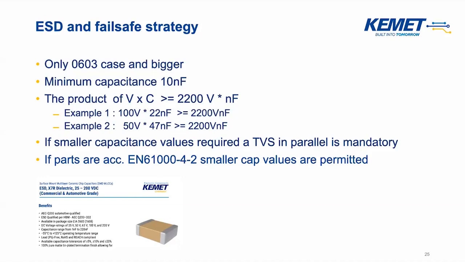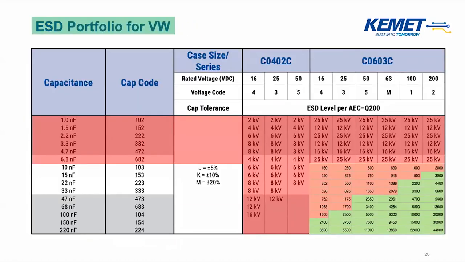Again, we have that complete ESD portfolio in X7R and COG, commercial and automotive grade, up to 200 volt DC. So if you look at that portfolio, then you see it when you lower down to 0603, and then we have this 10 nanofarad, and then we have this 2,200 volt nanofarad rule, and then you see it's only about this green area here.